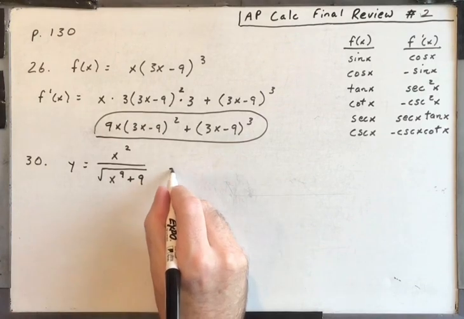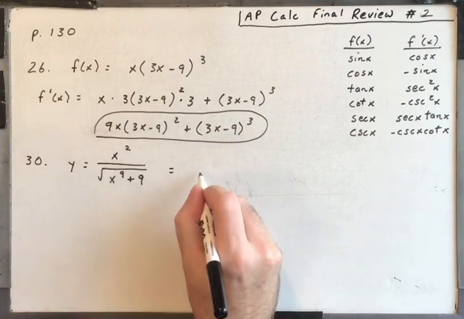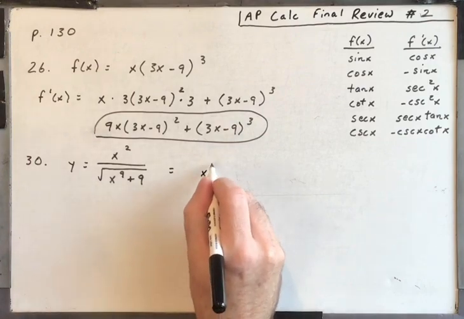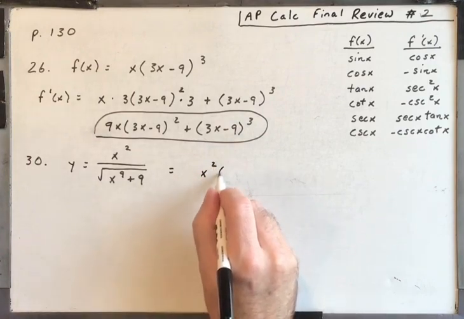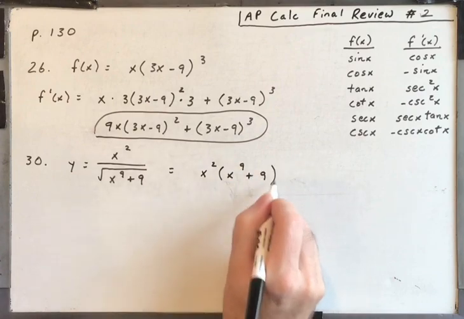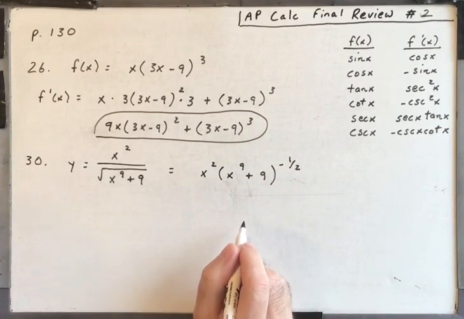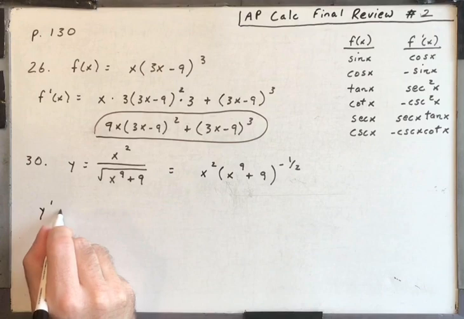I'm going to rewrite this. If you want to go quotient rule, knock yourself out. I'm going to rewrite it as x squared times (x to the 9th plus 9) to the minus 1/2. So we're going to use the product rule.